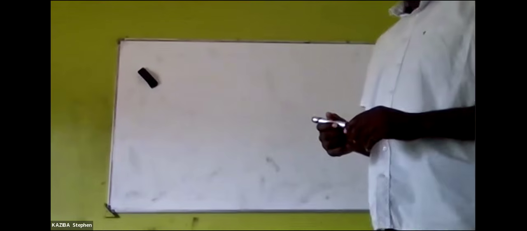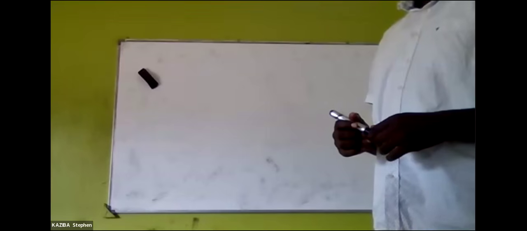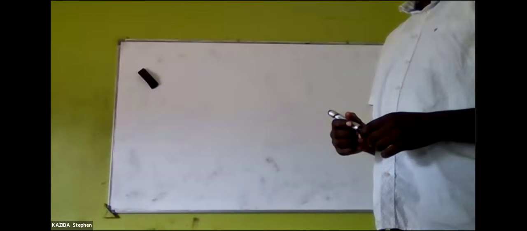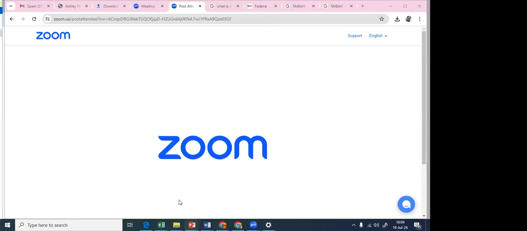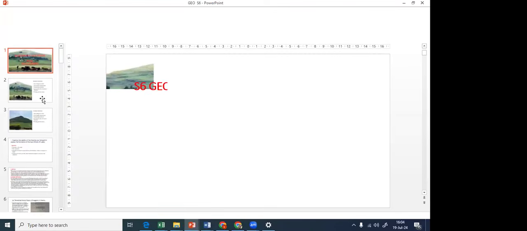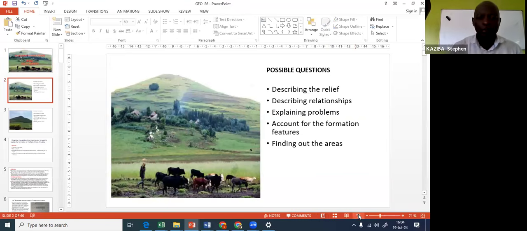Okay. We're starting now with photographic interpretation. Facilitation, you want to guess it? This one. Yes. So look at that photo.